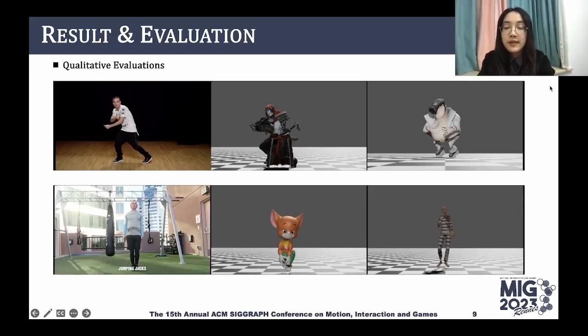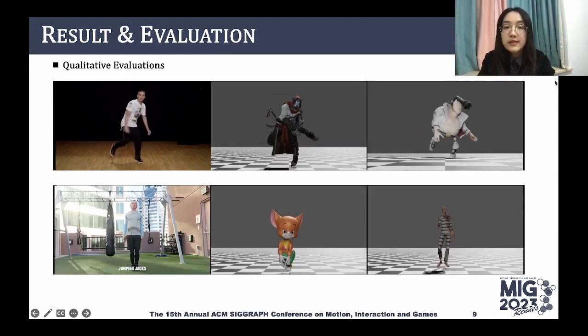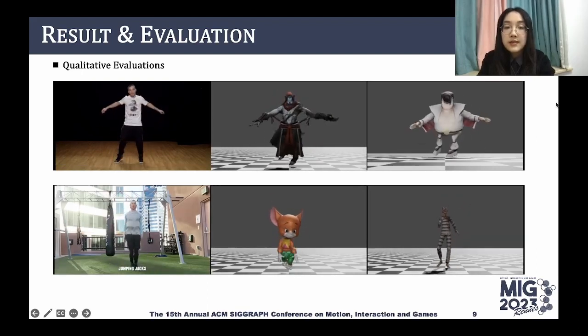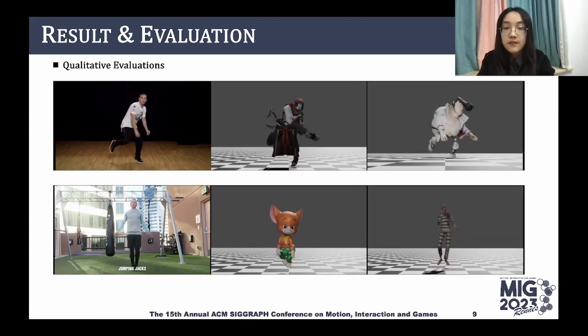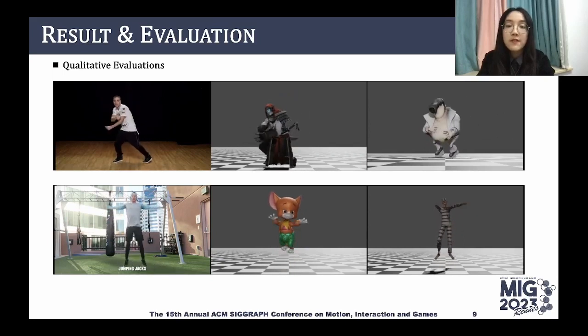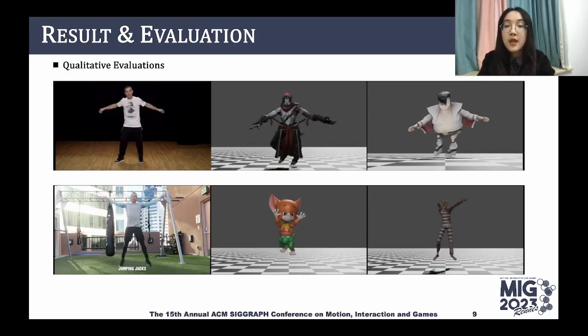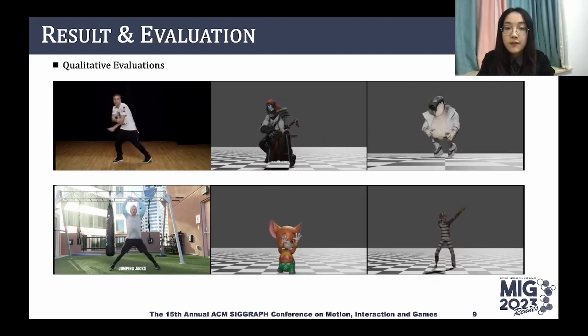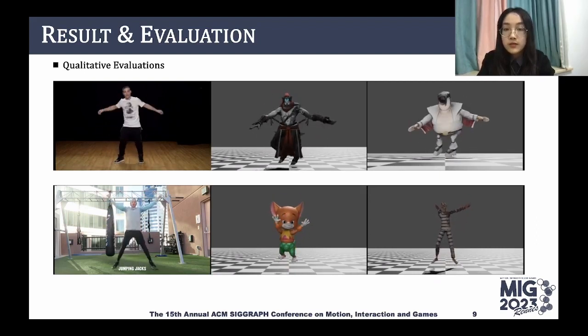As for qualitative evaluations, we successfully transferred motion data from a video to Mixamo character models. The video we used was a simple single-person monocular video, like the ones you could find on video sharing platforms.